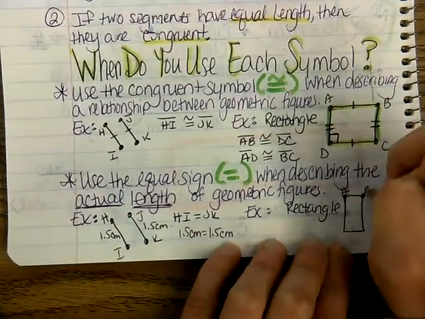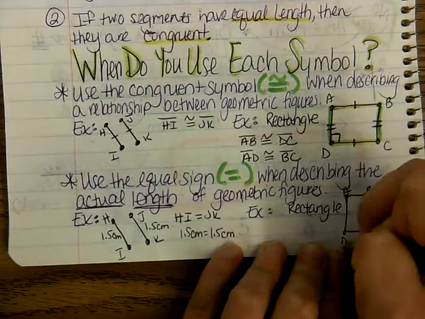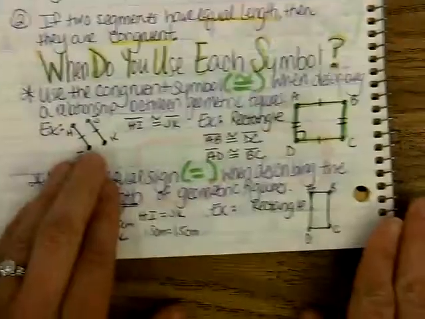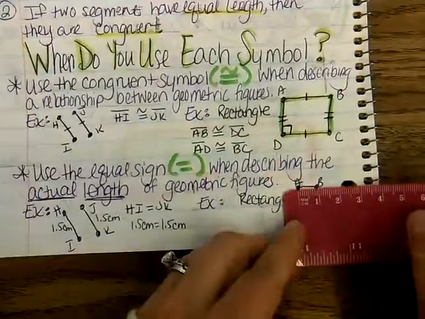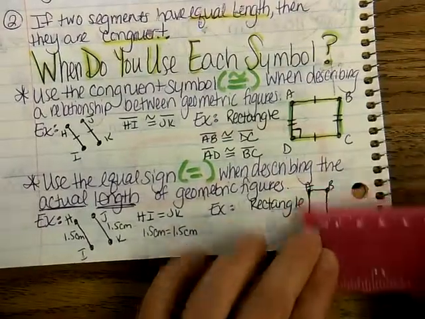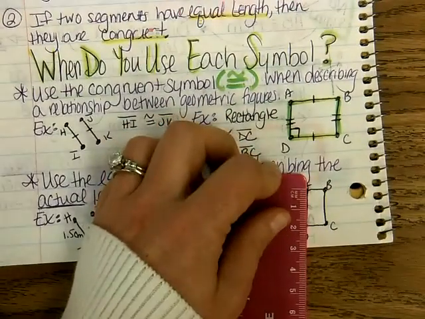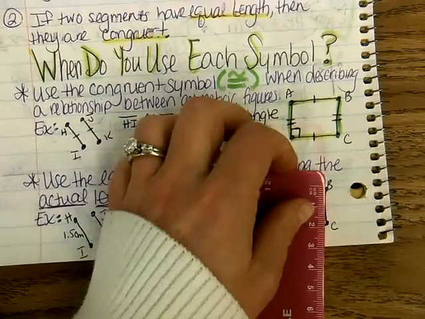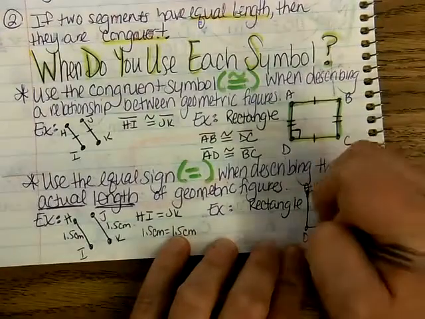If we're looking at a rectangle, we'll call this A, B, C, and D again. We know that the opposite sides are congruent, but we would actually be interested in how long each side was. This looks like it's about 1 centimeter long. And on this side, it appears to be about 2 centimeters long. So 1 centimeter by 2 centimeters.